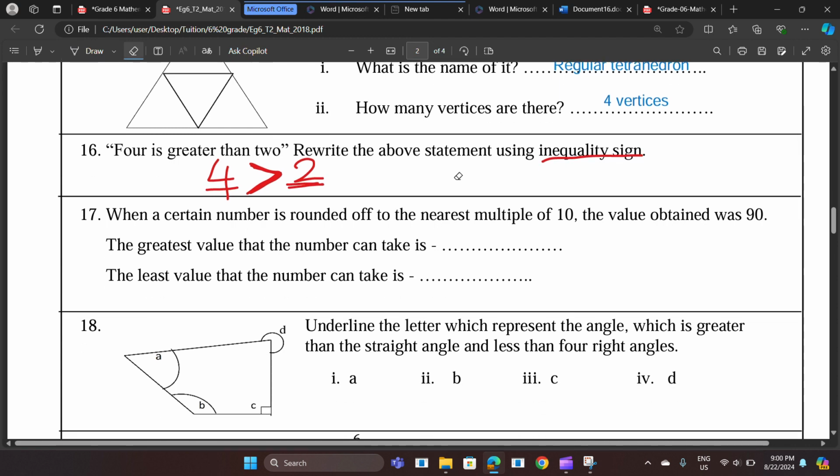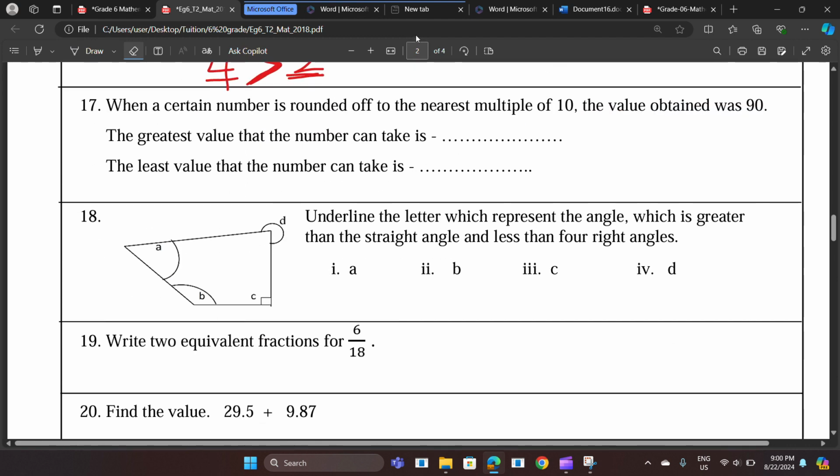Okay, nice. Next question, the 17th one. When a certain number is rounded off to the nearest multiple of 10, the value obtained was 90.